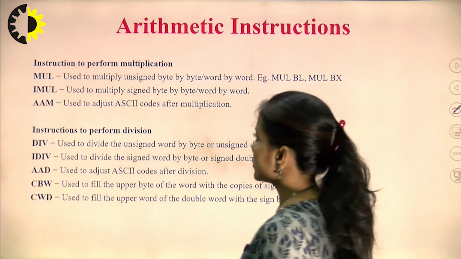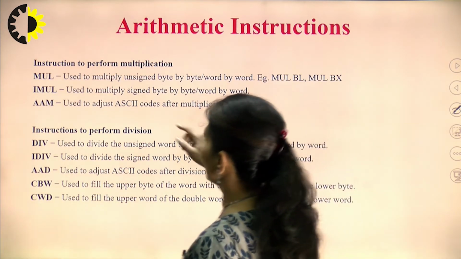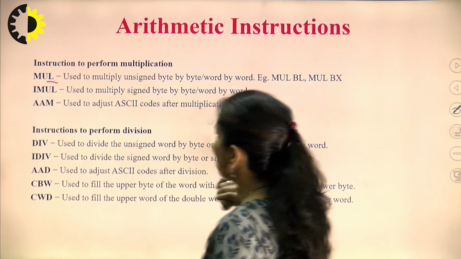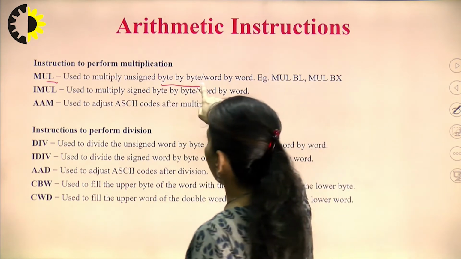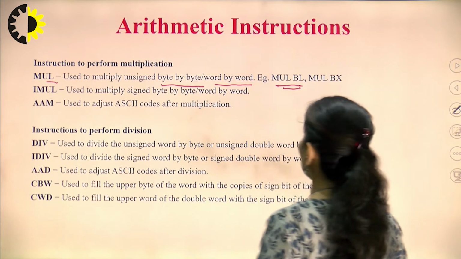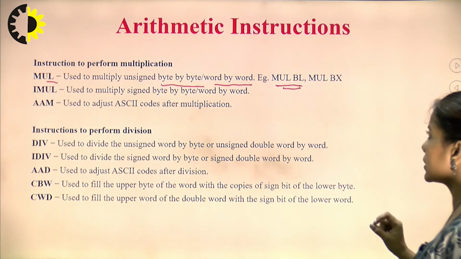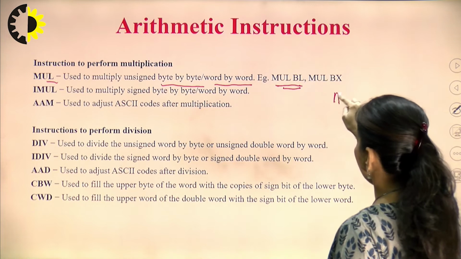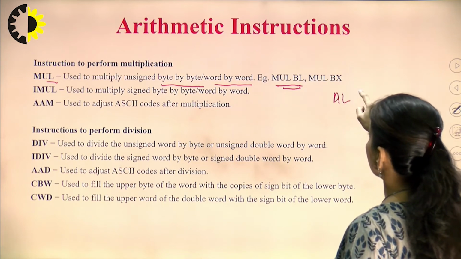Next category of the instructions is the multiplication, that is MUL. It is used to multiply unsigned byte by byte or word by word. Example, MUL BL, that is in this case one of the operands is always AL, another is BL.